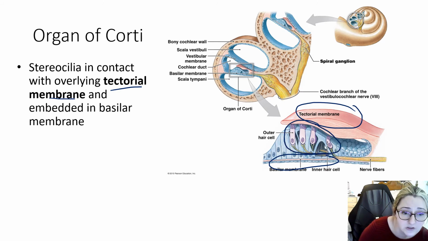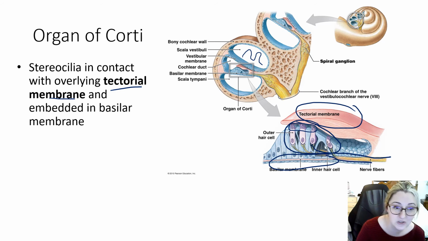When waves are moving through this fluid, it's going to cause the tectoral membrane to bend, as well as the basilar membrane to bend, which is going to cause a difference in these little hair cells. These little hair cells are going to be attached to nerve fibers, and that information is going to be passed on to the cochlear nerve, which is then passed into your brain, and you perceive it as sound.